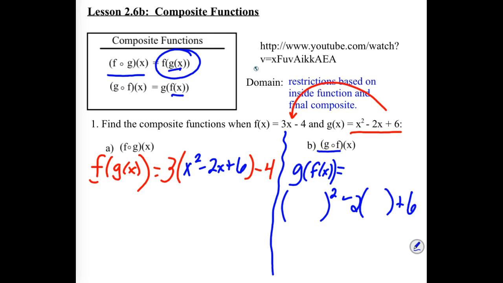That function box is going to do that step. Square it, times it by 2 and subtract, and add 6. It's going to do all those pieces. What it's going to do them to is f of x. So my x is getting replaced by a 3x minus 4.